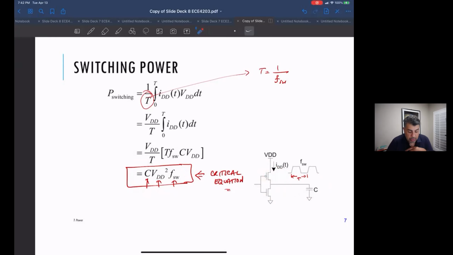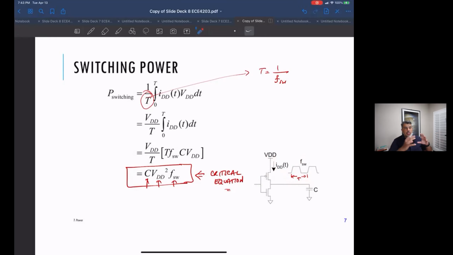And I guess one way to think about it is, if these are really big devices, so you're pulling a lot of current, then you charge this very quickly, and you're only taking out power while you're charging it, and then the power consumption stops as soon as you charge it to VDD. Or if you have a small amount of current, it'll take you longer to charge up.